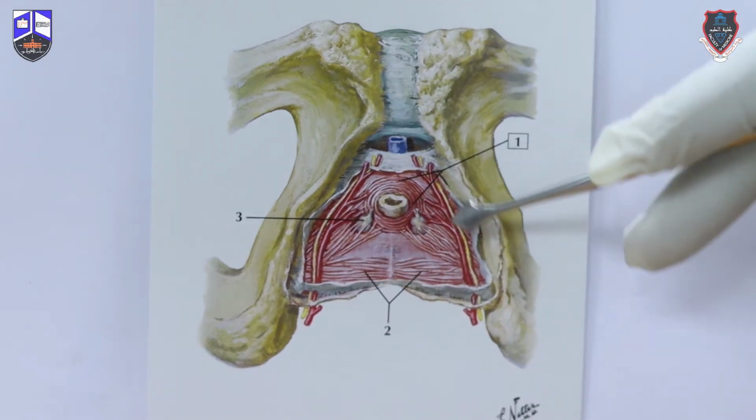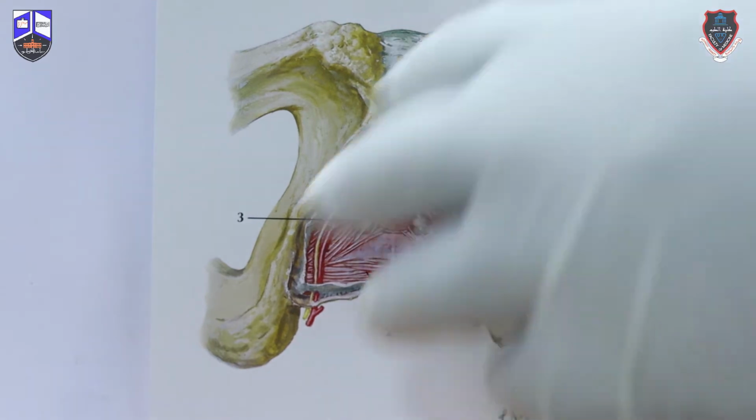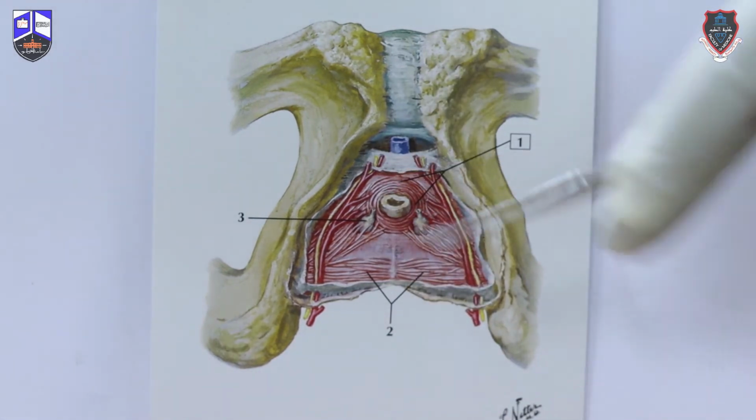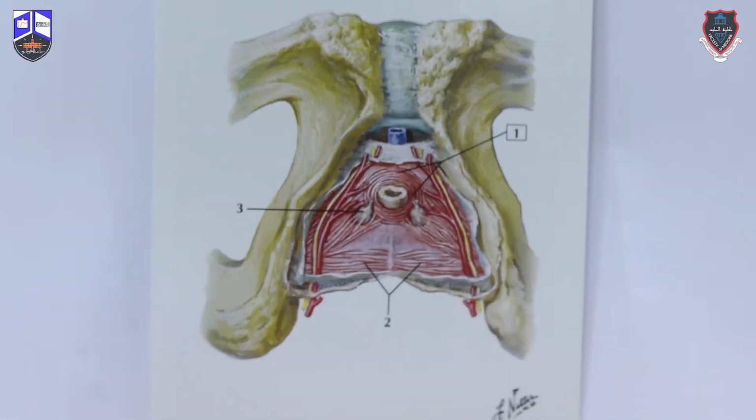This is the perineal artery, and we have the perineal nerve, and these all supply the musculature of the deep perineal space. So this is about the deep perineal pouch, and let us discuss the superficial perineal pouch in the coming minutes.